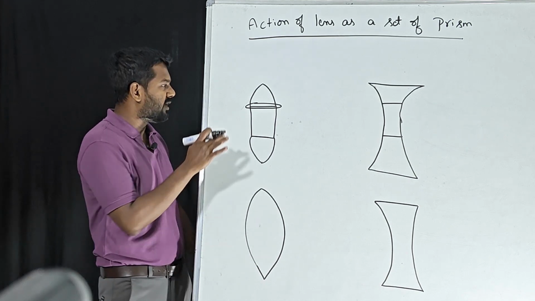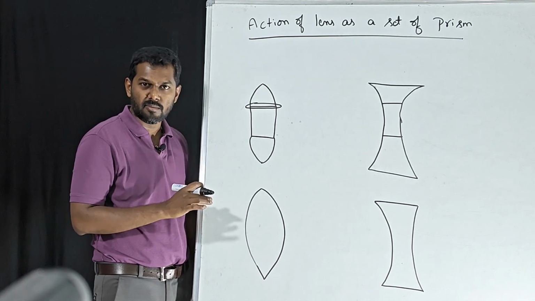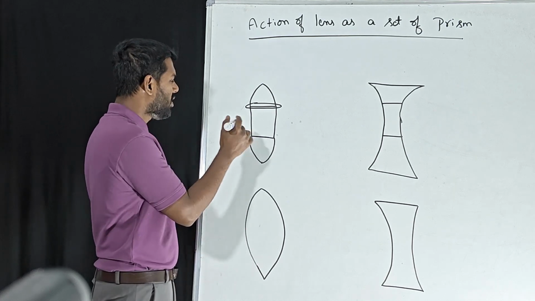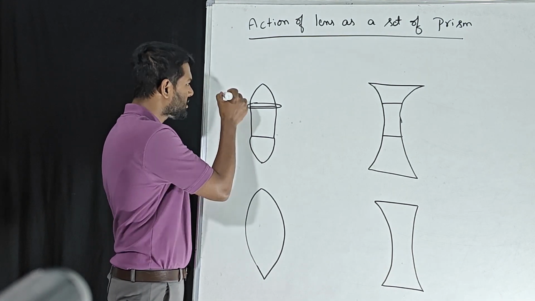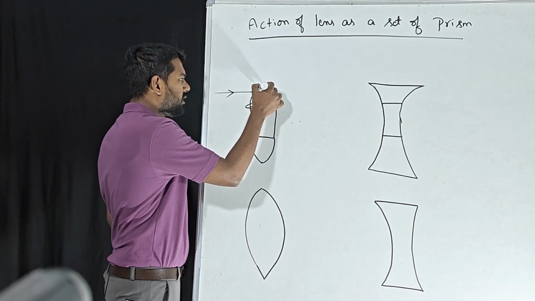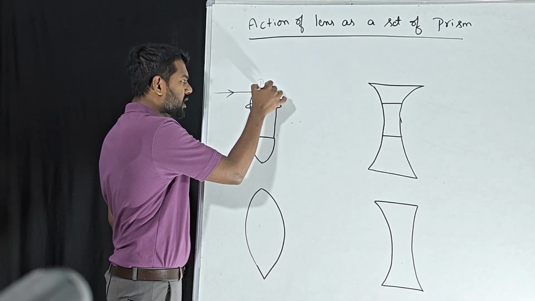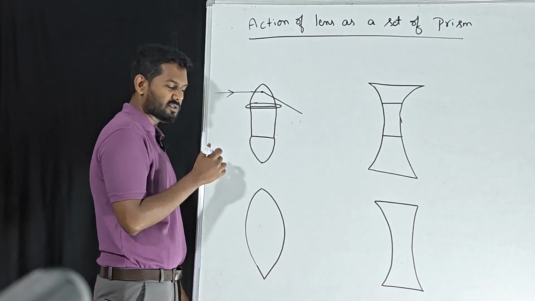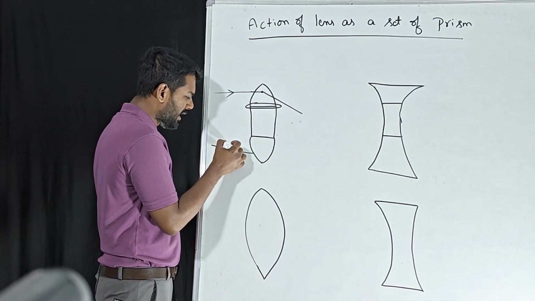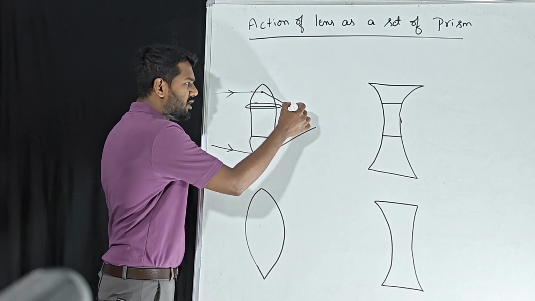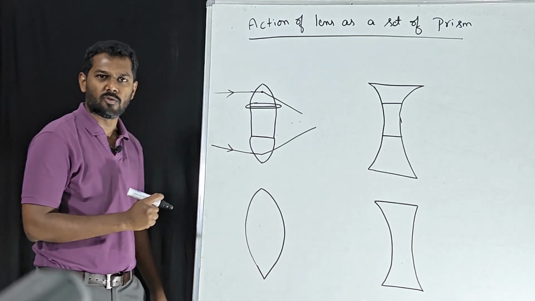Keep this in mind. So if you give a light ray here, after the center it moves towards the base. In the same way, if you give a light ray here, it moves towards the base. So it is going to converge at one point.